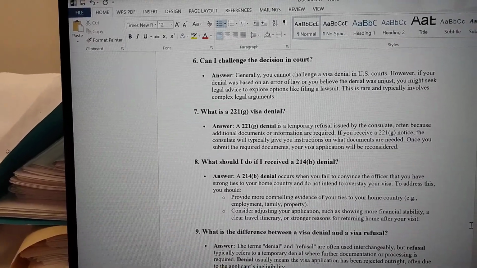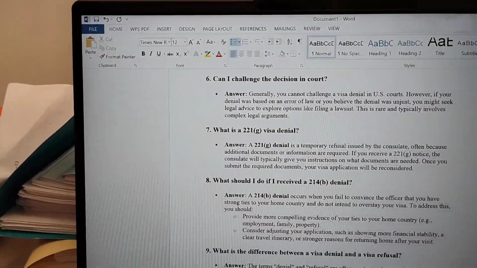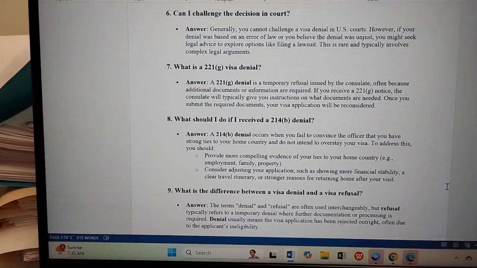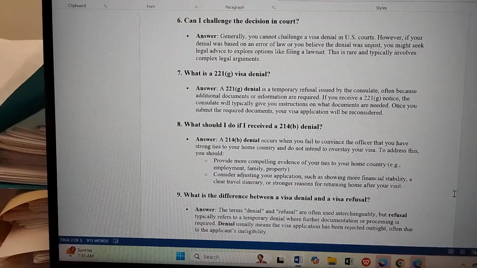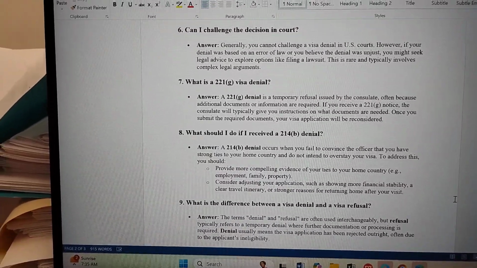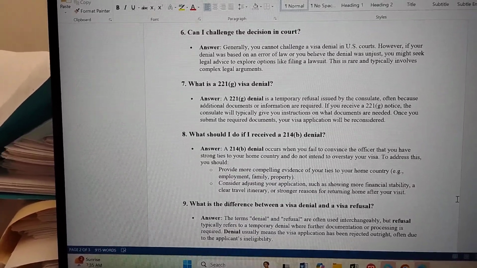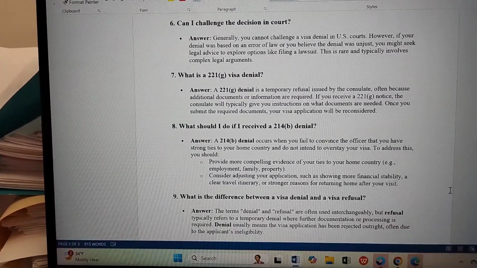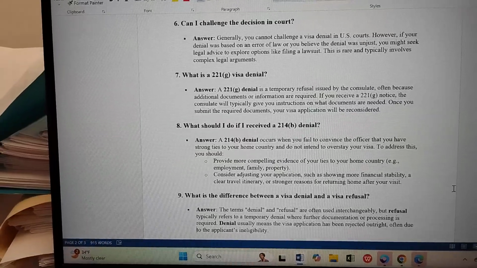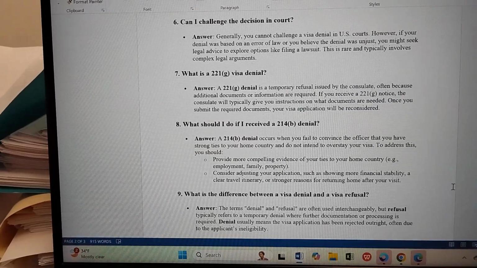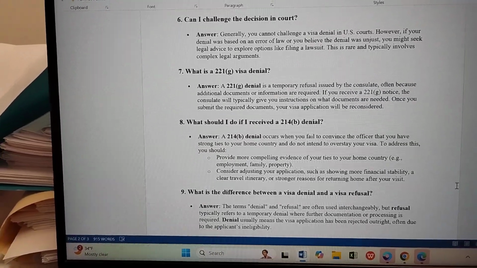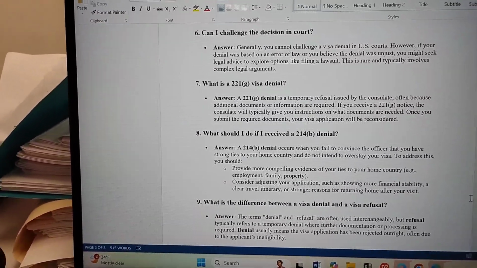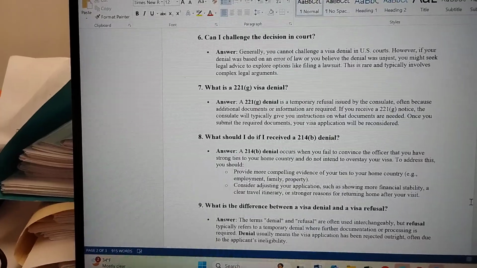But before you submit another application, ensure that you have corrected the previous reason why your visa was denied. Because reapplying without correcting the previous mistake might simply indicate that you're going to be denied for the second time.